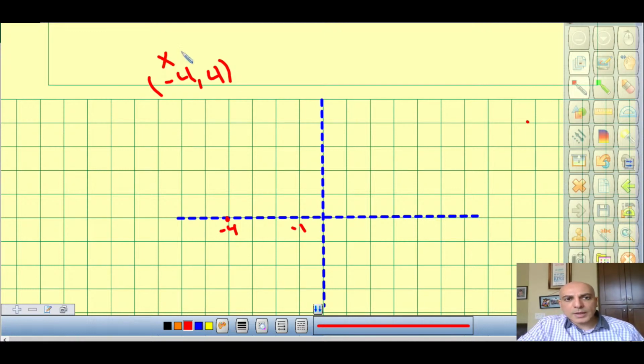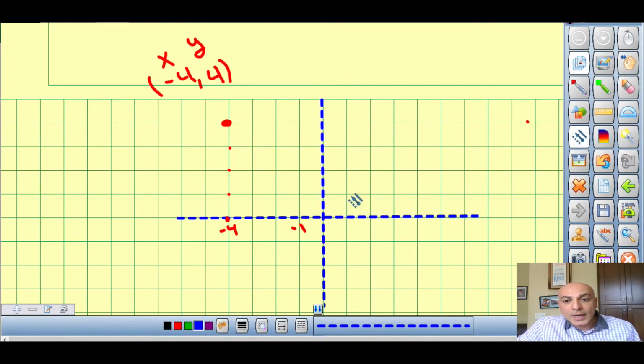Again, this is the x, this is the y. Negative 4 comma 4, and that would come all the way up to here, 1 and 2. I'm at this point. So this is negative 4 comma 4.